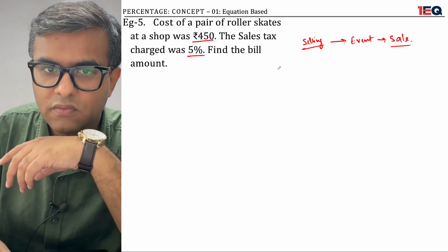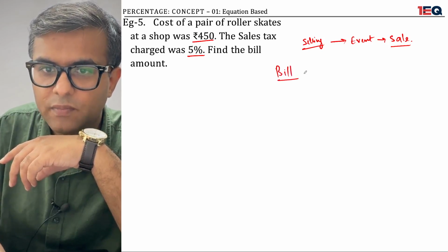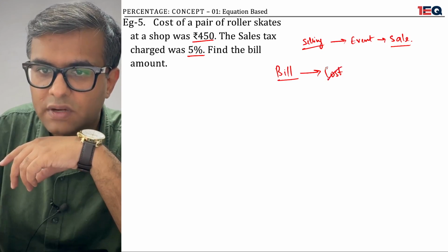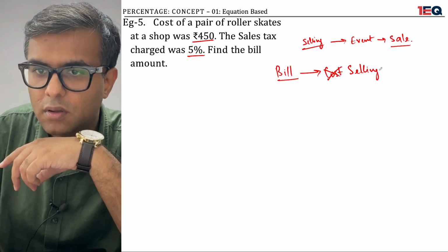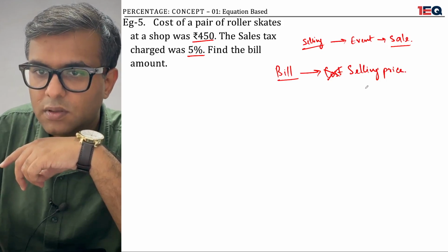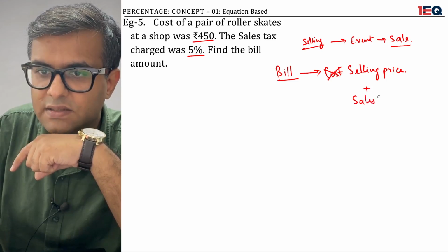So when you're preparing a bill, what you have to do is take the selling price plus the sales tax.